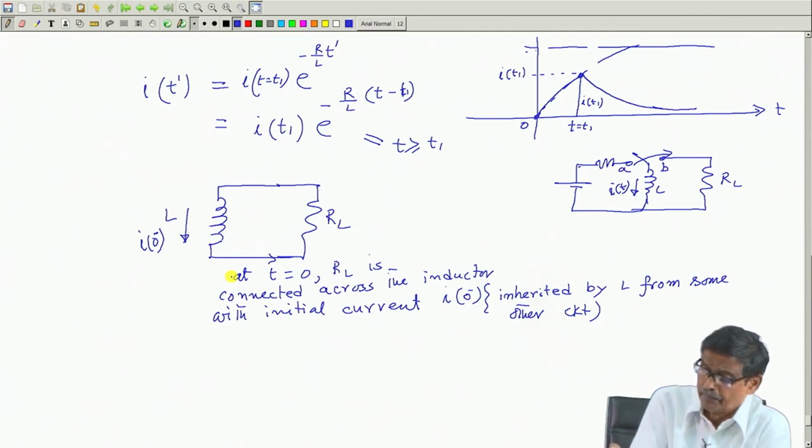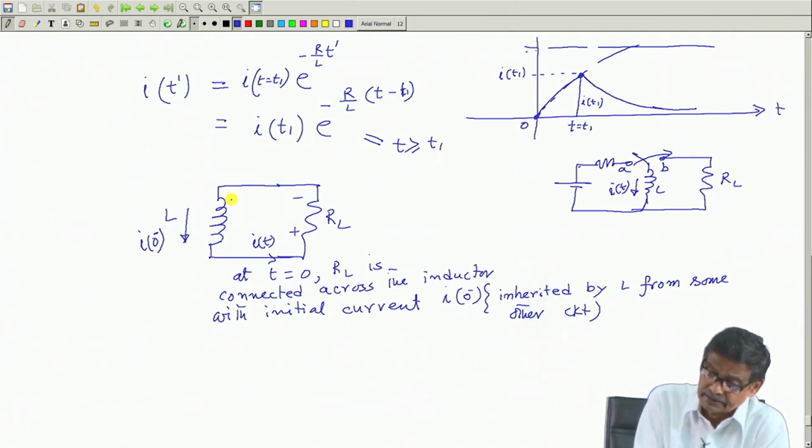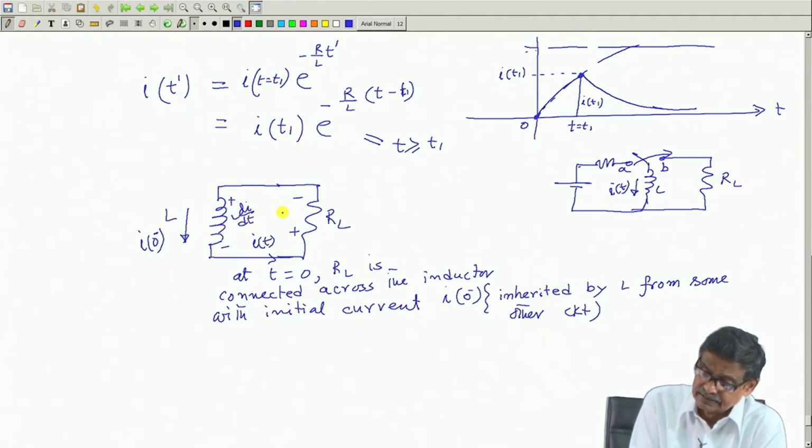So, this problem once again, instead of t dashed domain, I will simply write this is I L t, and the differential equation will be L d I L dt plus R L into I L is equal to 0.